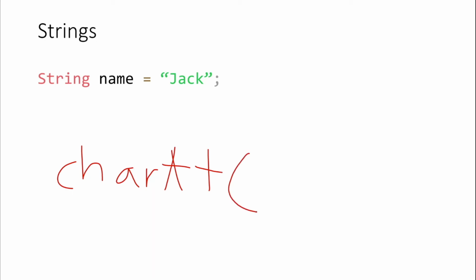Then in the brackets, you write whichever index. So, if you do 0, it would give J. Note that you have to do whatever the string name is, which in this case is name, dot charAt. And this will find the character that is in the index that you put in.